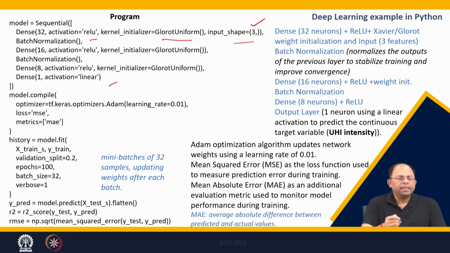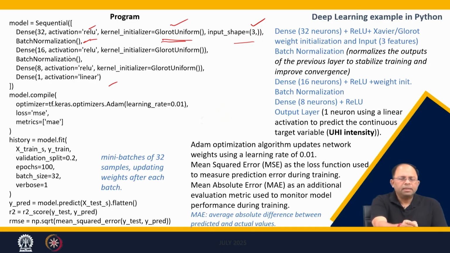The activation function is ReLU, and we are using this weight initialization using the GlorotUniform function. And then batch normalization happens after each step, and then the signal moves to the next hidden layer.